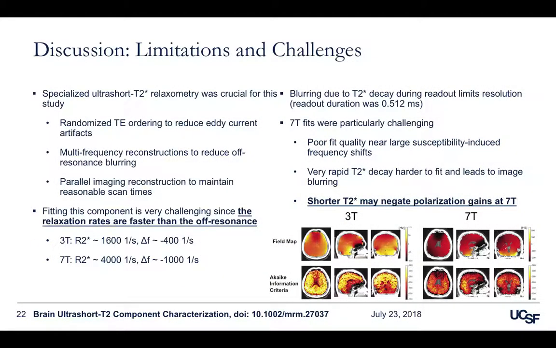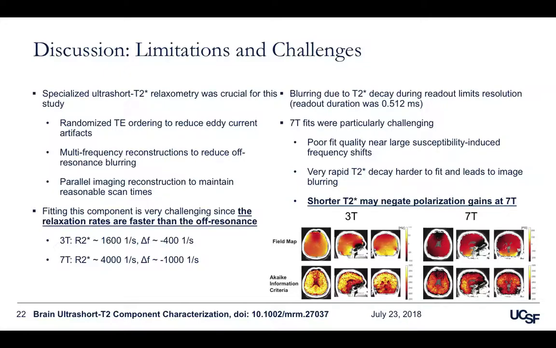So some of the limitations and challenges of this study, first is that it was really crucial that we had this specialized approach. We tried a naive approach and we needed the randomized ordering to reduce eddy currents. We need some sort of way of handling the off-resonance, the blurring that comes with that. And then we highly leveraged parallel imaging in this study.